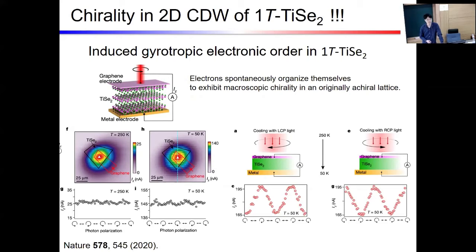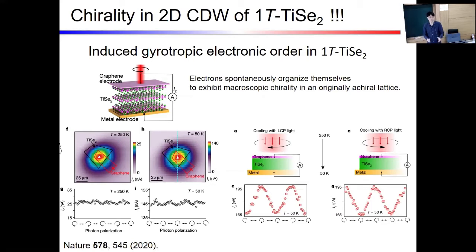So the fact is that when they have this chirality induced by external polarization, the system simultaneously has a CDW state, but it's not clear whether this chirality and CDW are connected or not. Yeah, it's still an open question, because they used the ensemble average, right?